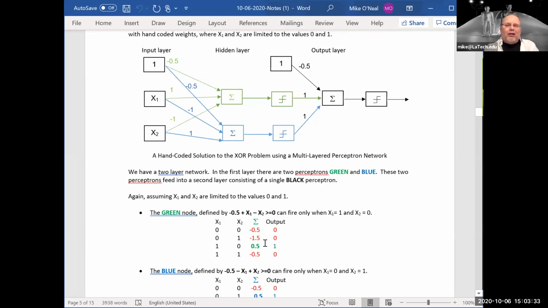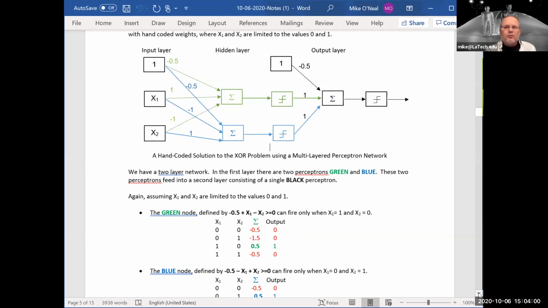With any other input, 0, 0, 1, 1, or 0, 1, the summations, which I'm giving you here, always fall below 0, so it produces a 0 output. So Mr. Green perceptron is going to produce a 1 only in the case when x1 is a 1 and x2 is a 0.